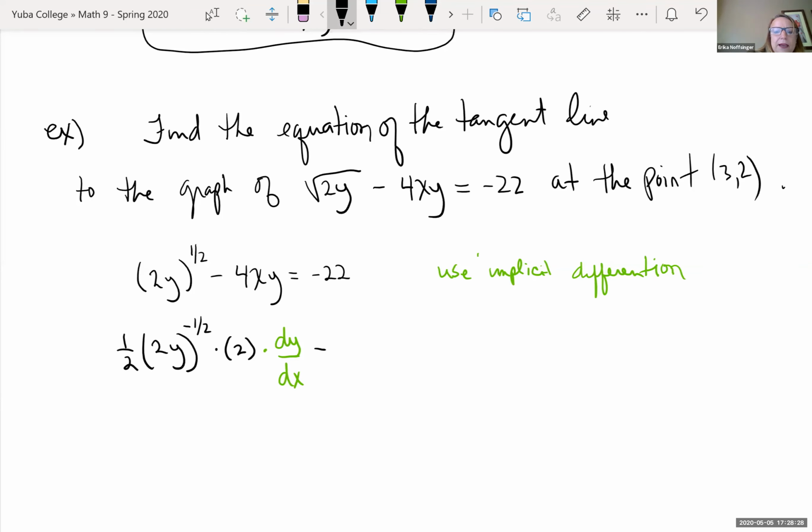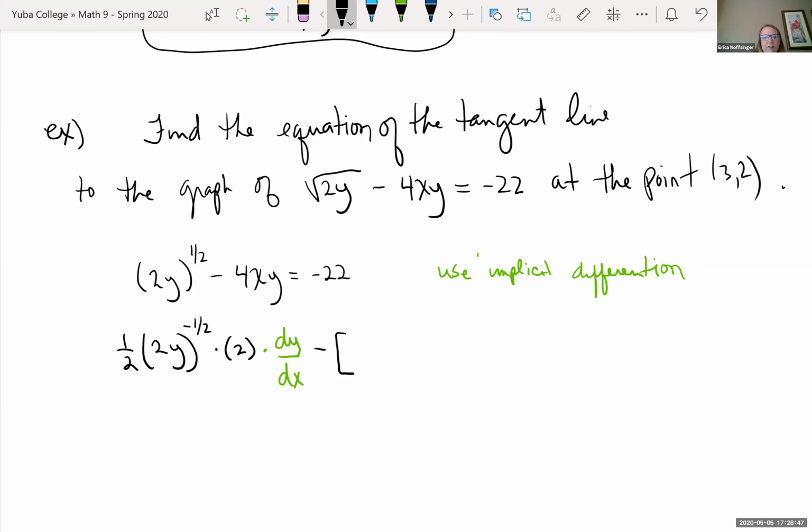Minus, be careful here because we need to use the product rule when we differentiate 4xy. And there's a negative in front of this, and so I need parentheses or brackets around this whole product rule, because that negative is going to have to distribute into that derivative.